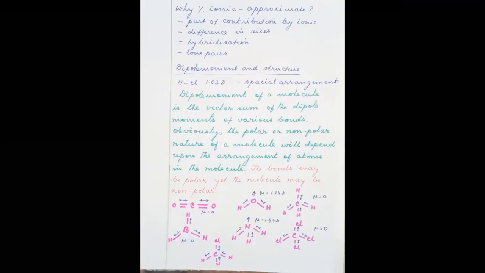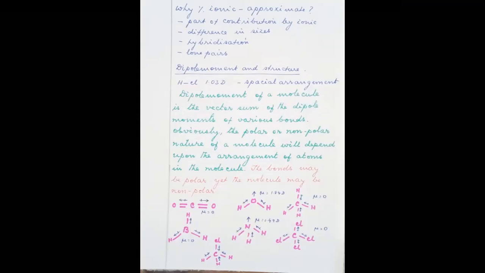And the next one is the relation between dipole moment and the structure. Normally, the spatial arrangement of atoms plays an important role in the dipole moment of the molecule. Look here, the dipole moment of a molecule is the vector sum of the dipole moments of various bonds.